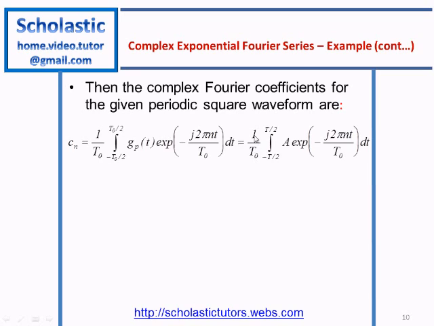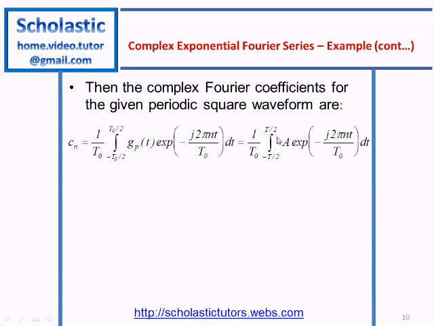So what we can see in the next step here is that for 1 over T0, instead of minus T0 by 2, we substitute minus T by 2 to plus T by 2, and g(t) will become capital A because that is the amplitude of the signal during minus T by 2 to plus T by 2. Before minus T by 2 it was 0, after T by 2 it is 0 until T0.